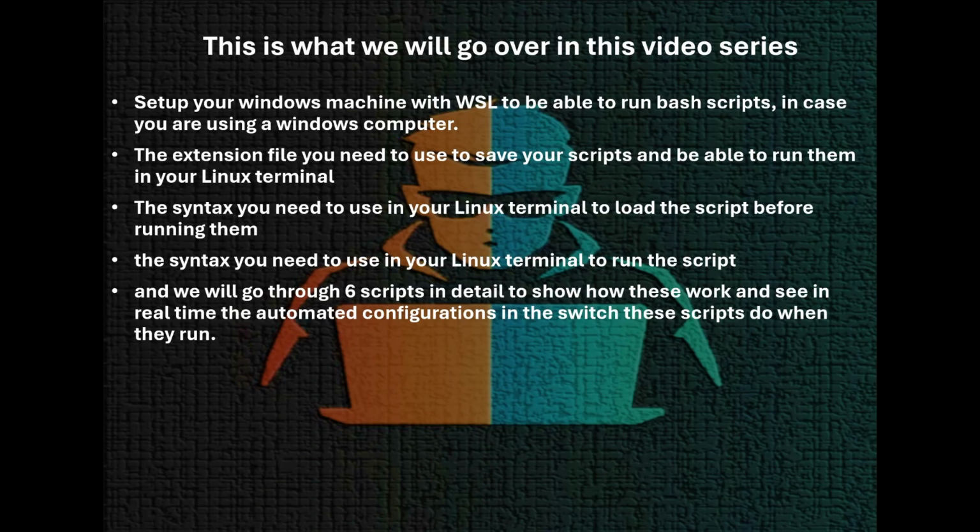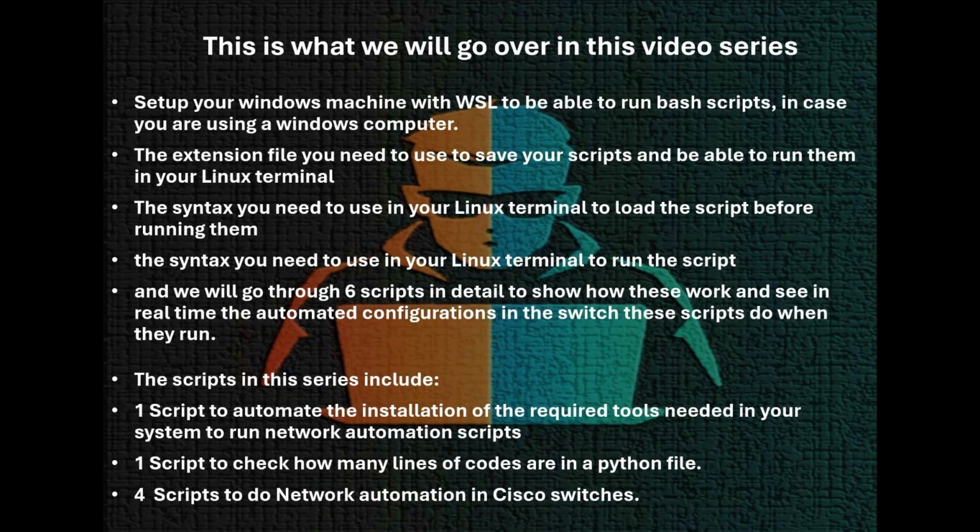And we will go through 6 scripts in detail to show you how these work and see in real time the automatic configuration and the switches these scripts do when they run. These are the scripts in this series that we're going to go over. The first script is going to automate the installation of the required tools you need in your system to run the network automation scripts.